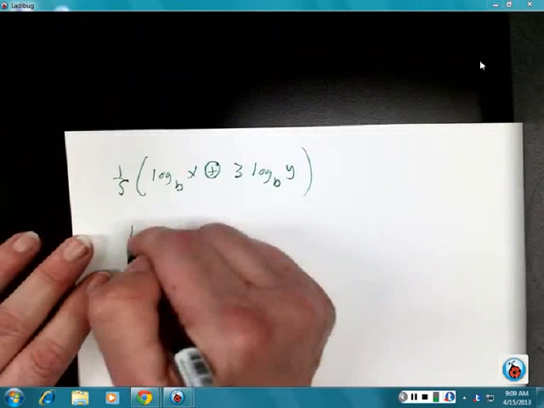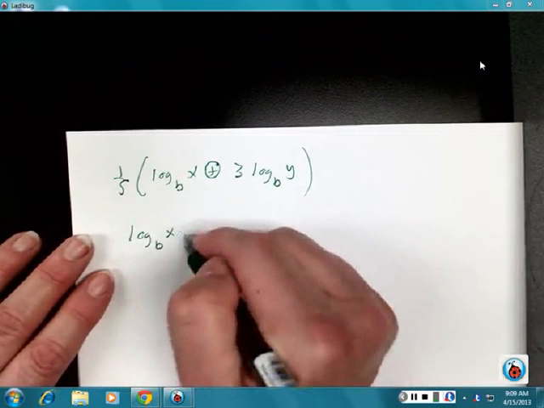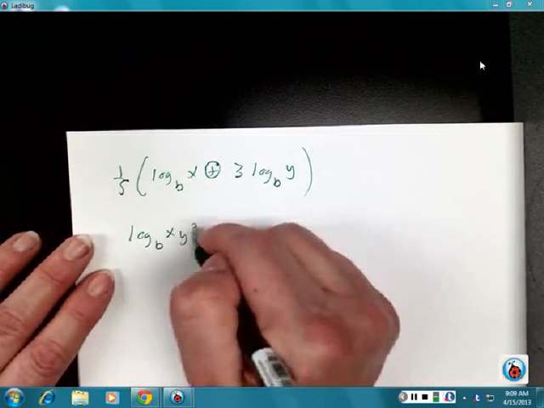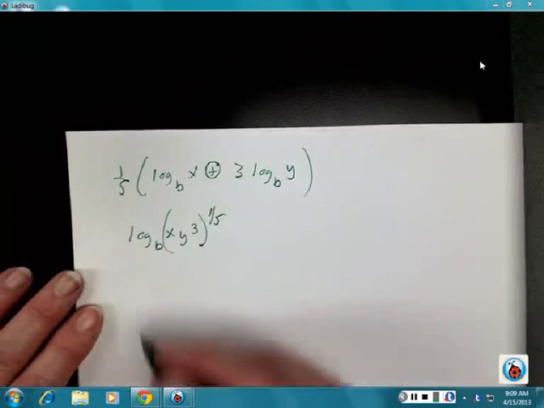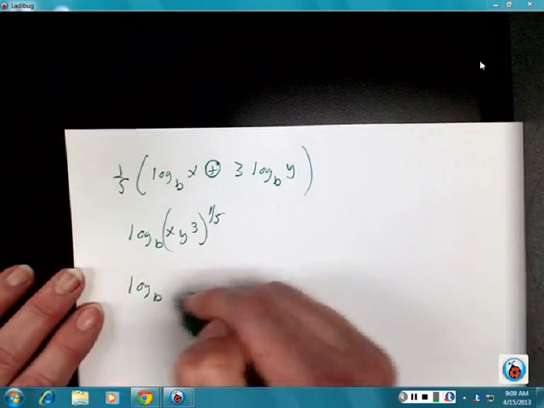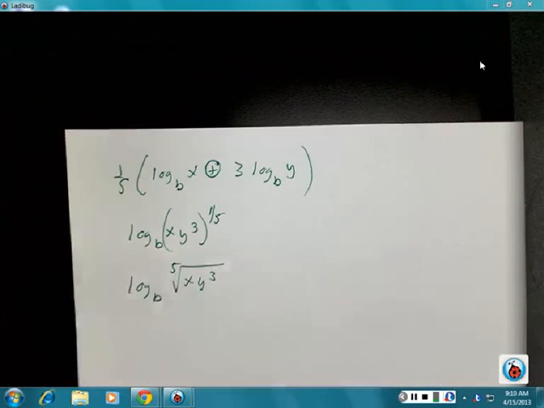So this one is log b x y to the 3rd, and all of this is raised to the 1/5. So really, this is log b, the 5th root of x y to the 3rd. And that's all you can do to it, because I don't have to rationalize the denominator in that case.